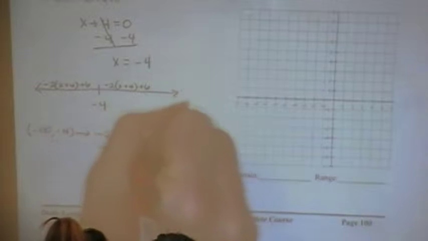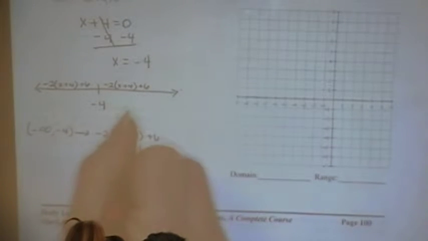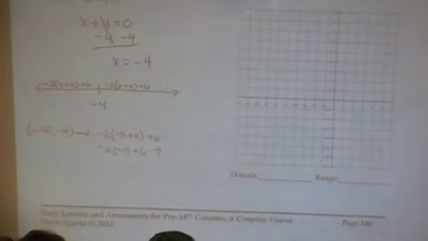Working that out, negative 5 plus 4 is negative 1. Negative 2 times negative 1 plus 6. It does not matter what the number comes out to be. I mean, you can go ahead and figure it out if you want to, but it really doesn't matter. All that matters is if it's positive or negative. And in this case, it is positive.